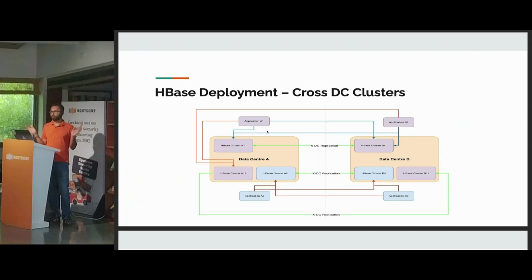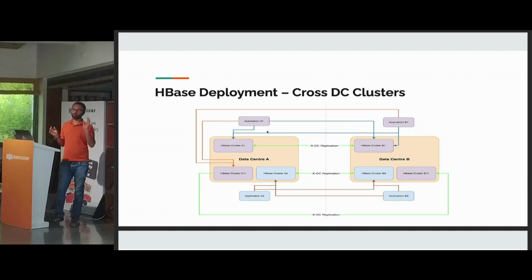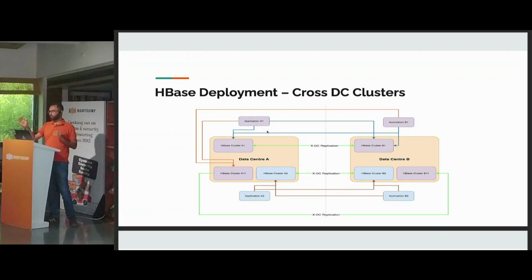Say for example, you have 1,000 customers, 500 customers go to one DC, 500 customers go to the other DC. Then what happens? You want your application to be available in both the DCs. So application number 1 is available on both the DCs, and here application number 2, here you can see my cursor, application 2 is also hosted on both the DCs, right?